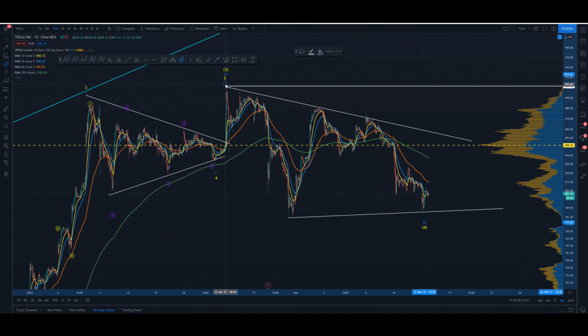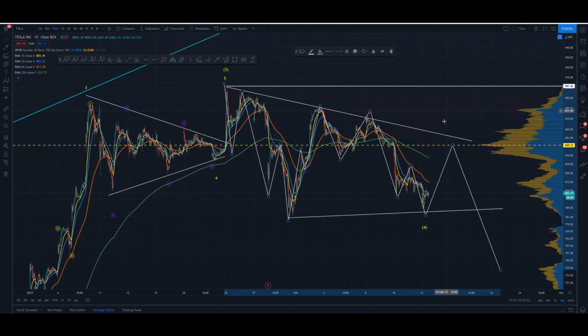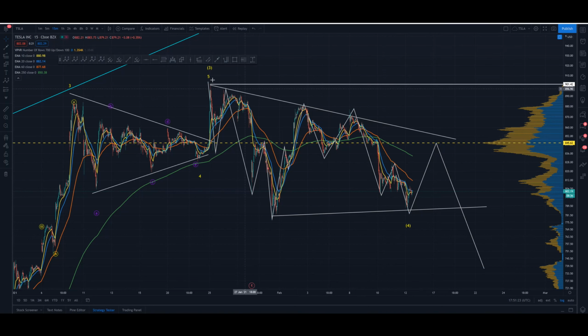our last way of counting this, I think, which is that we go 1, 2, 3, 4, 5 into a wave 1, zigzag into a wave 2, and then we go 1, 2, 3, 4, 5 into a 1, 2, and then we get moving down into that 3. That's really the only way. I mean, I can't start counting this as a 3 if this is a 1, 2.